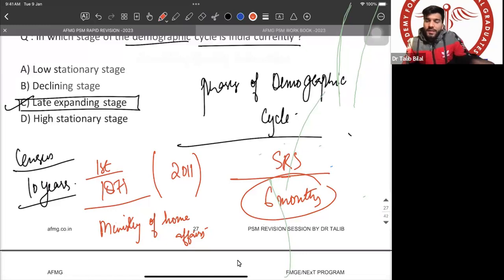Death registration in how many days? 21 days. Birth registration, very good.